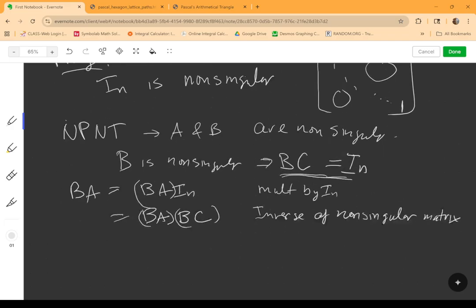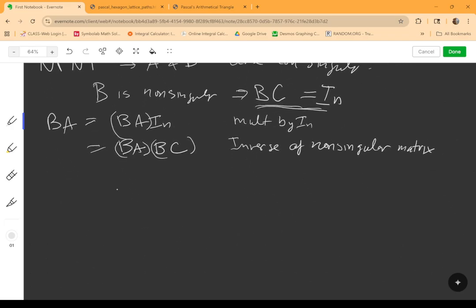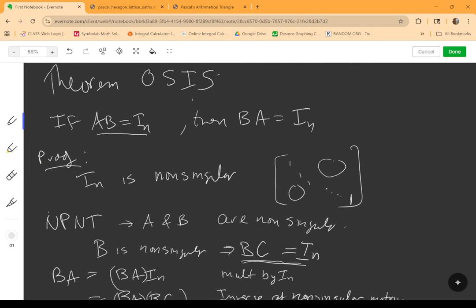Now again, matrix multiplication is not commutative, but it is associative. So I can do something like this. Matrix multiplication is associative, and from our assumption, A times B is In, the identity.